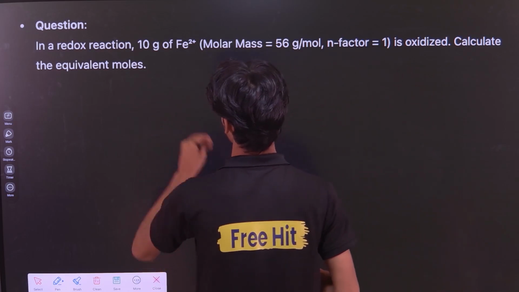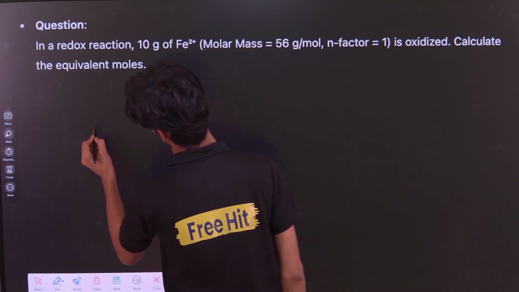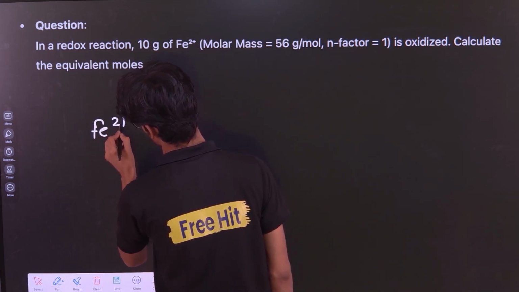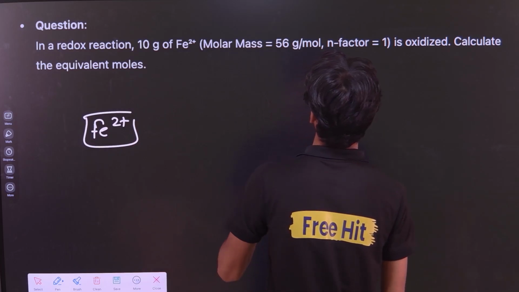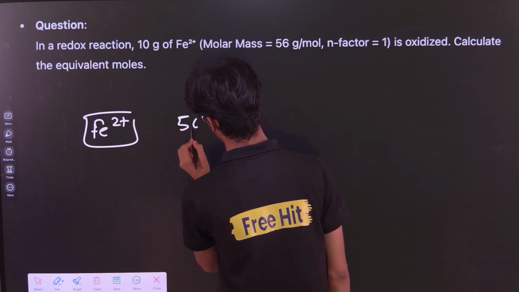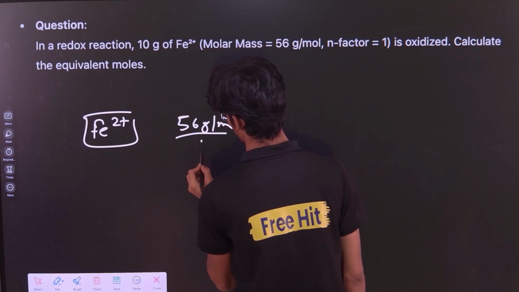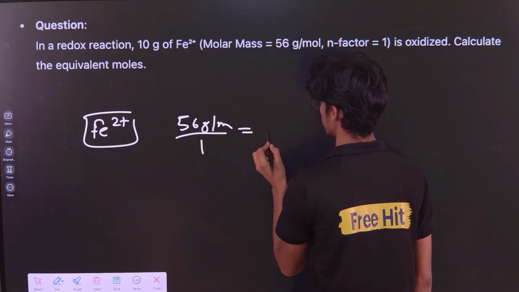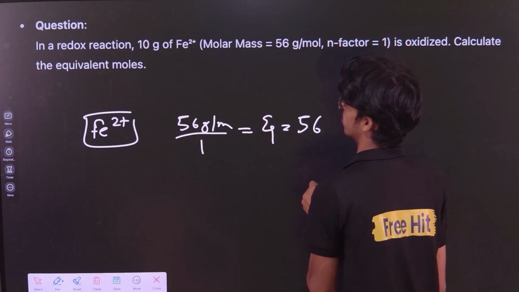In a redox reaction, 10 gram of Fe2 positive is there. Its molar mass is 56 gram per mole. And the value of N is also given. When you divide molar mass by the value of N, you will get what? Equivalent mass. The equivalent mass is what? Again 56 is the equivalent mass.